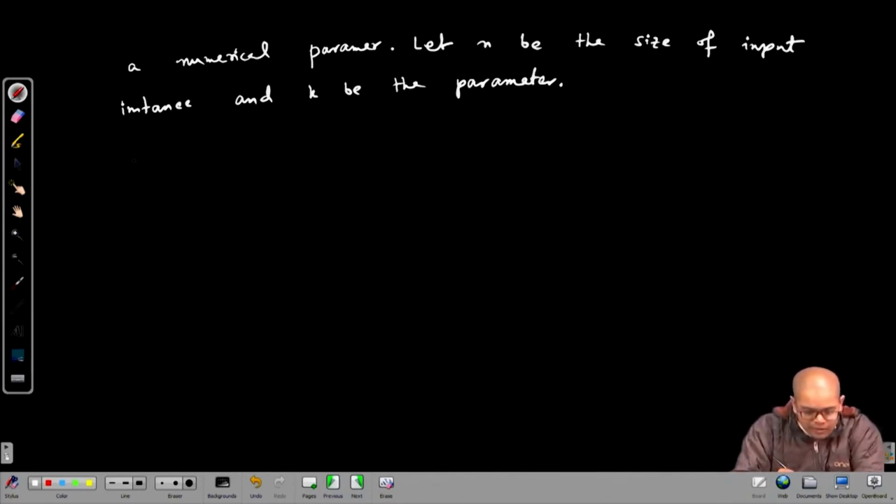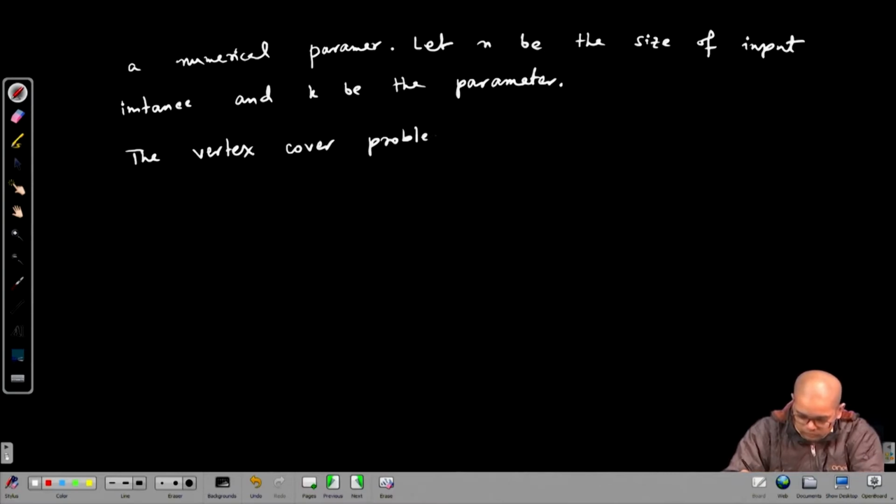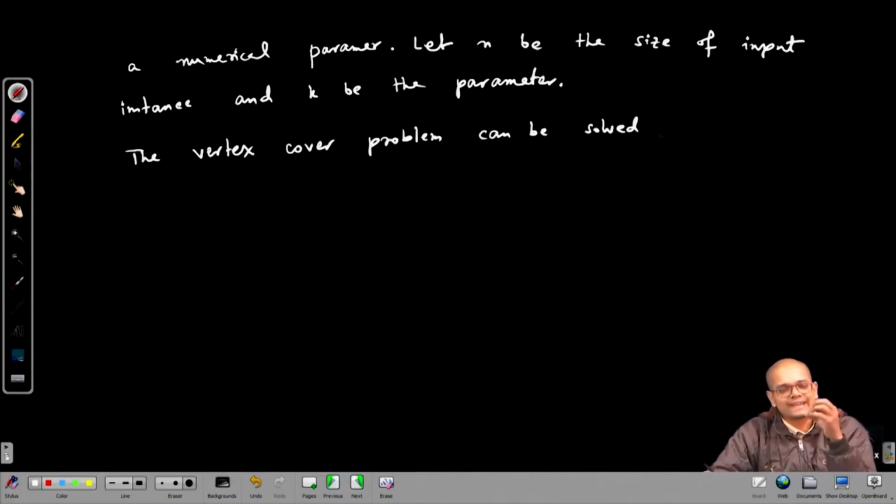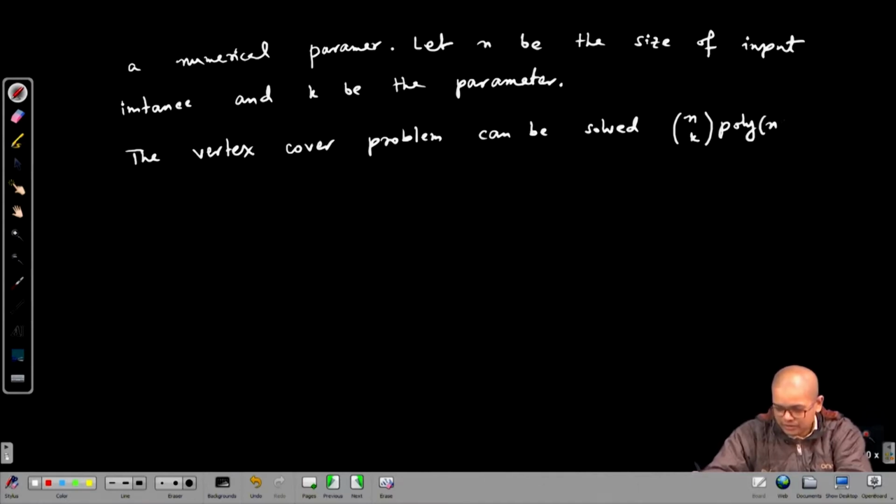For example, the vertex cover problem, if you are looking for a k size vertex cover, can be solved by simply iterating over all n choose k subsets of vertices and checking whether it is a vertex cover or not.